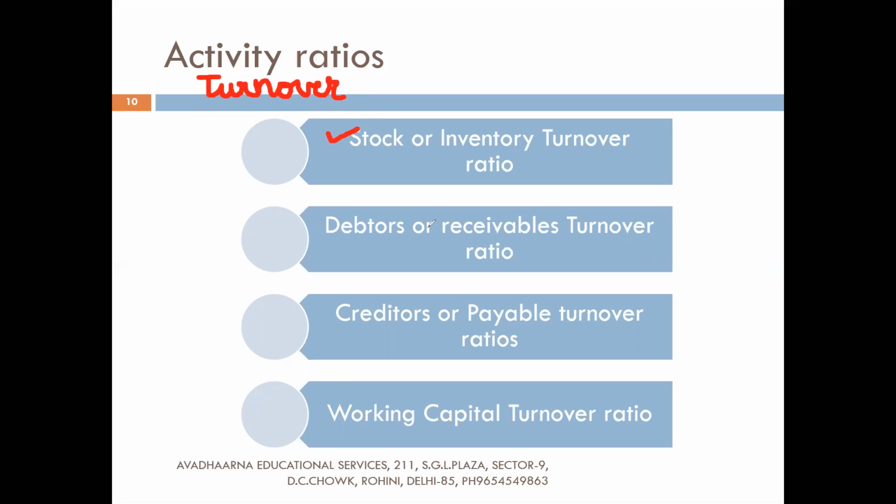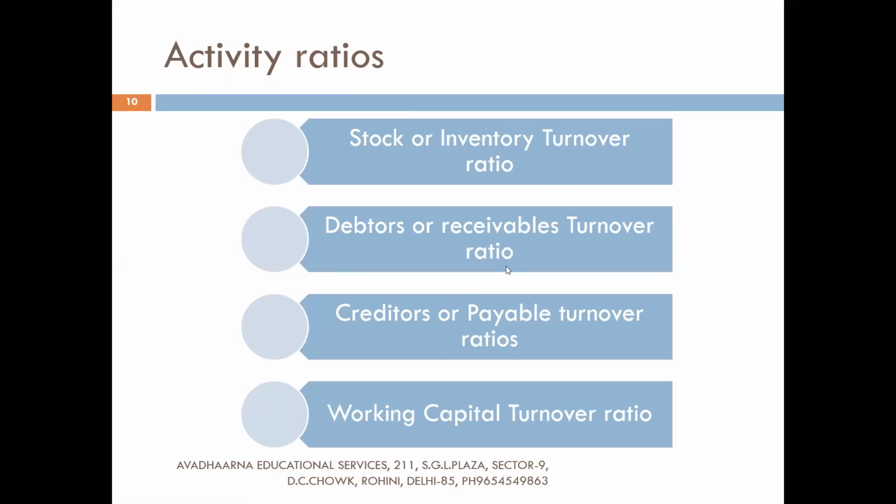Second is your debtor or trade receivable turnover ratio. Third is your creditors or trade payable turnover ratio. And your fourth turnover ratio is working capital turnover ratio. Each of these ratios is helpful in evaluating the performance of the business.